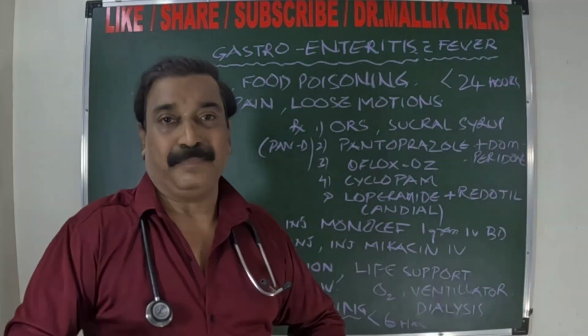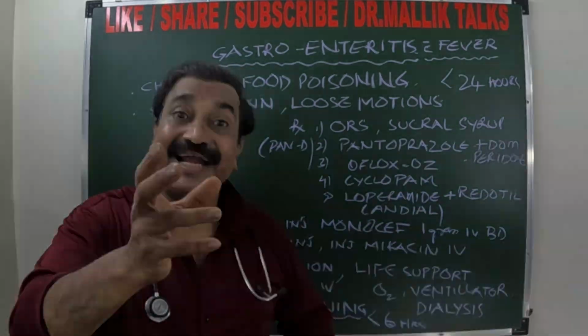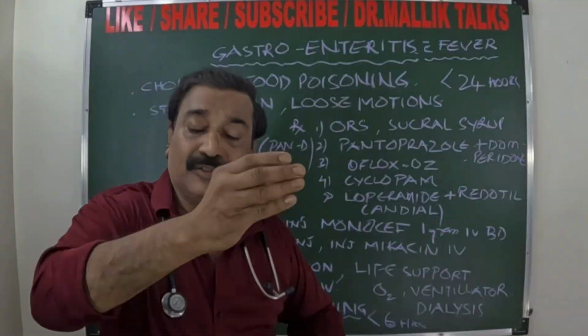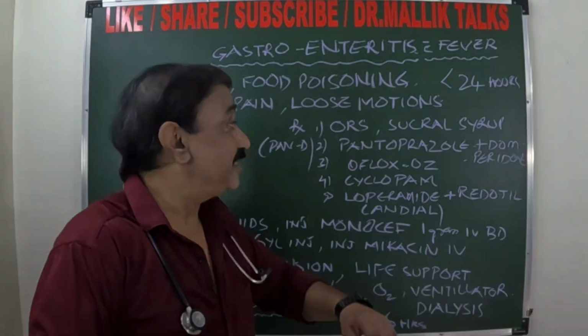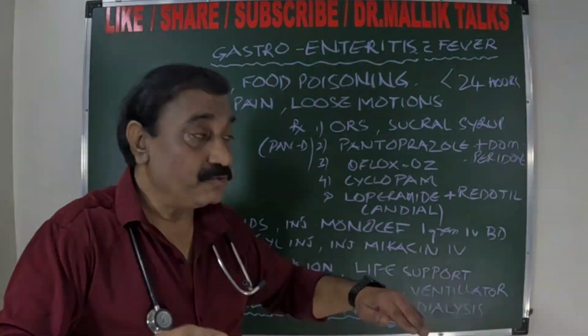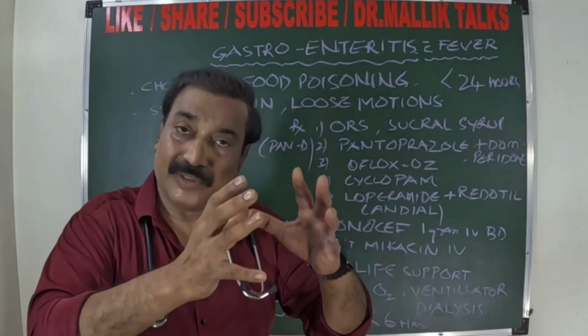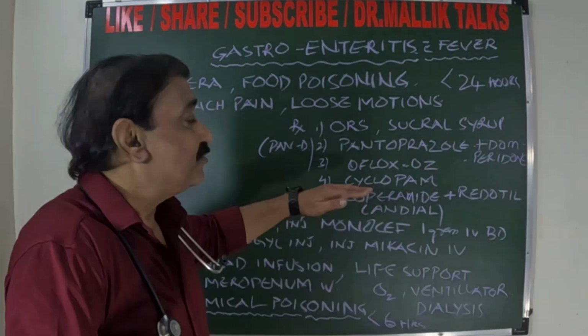And Sucrol syrup, which is an antacid syrup like Digene or Gelusil, you give 4 spoons each time, 3 to 4 times a day. ORS is a must, or you can give coconut water. ORS is nothing but Electral, as we call it.